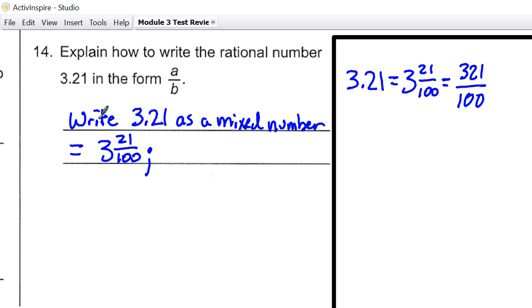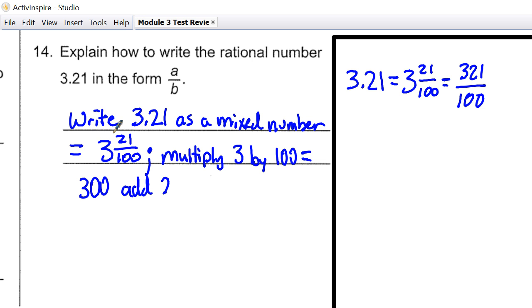And then what I would say is, multiply 3 by 100 equals 300. Add 21 equals 321 over 100. It's probably not the best explanation in the history of the world, but it is thorough enough. It very clearly shows that you know how to do it.